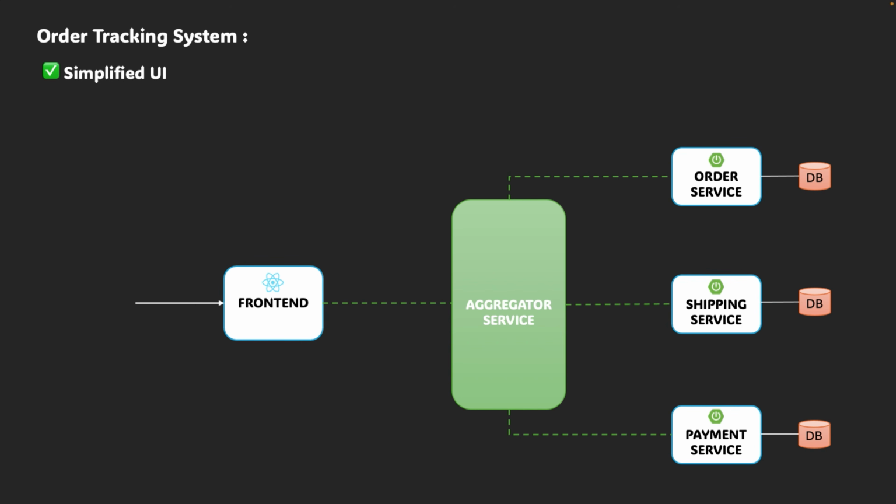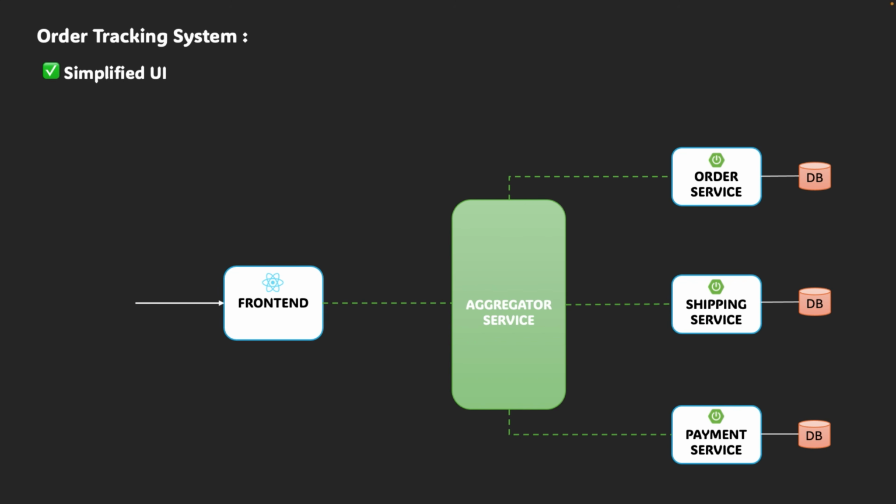Without knowing the details about any microservices, your front end will call the aggregator service, and your aggregator will call the different microservices.